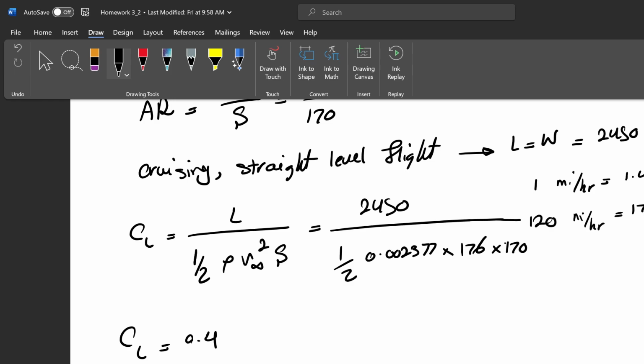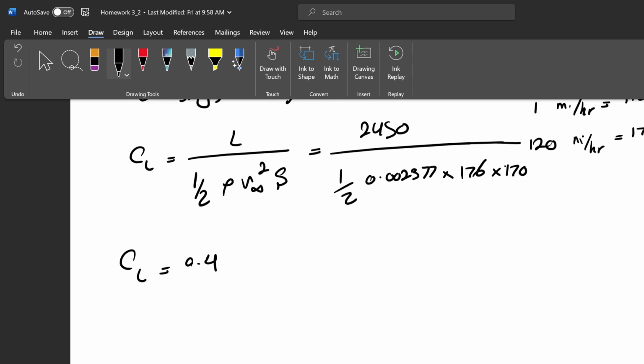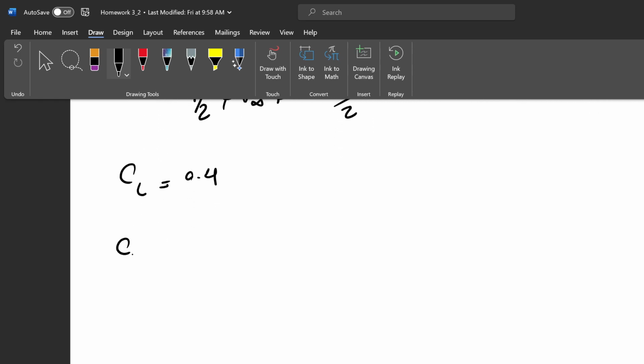What we are asked to find is the angle of attack. How can we find the angle of attack? So our CL is equal to a multiplied by our angle of attack minus the angle of attack at lift 0.